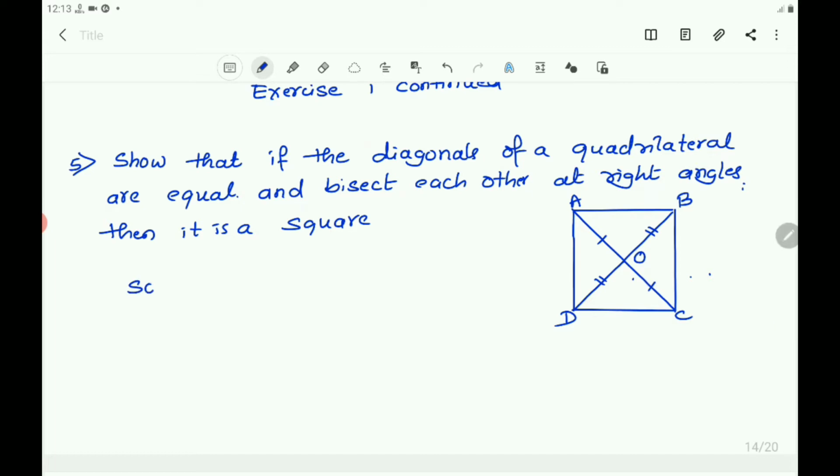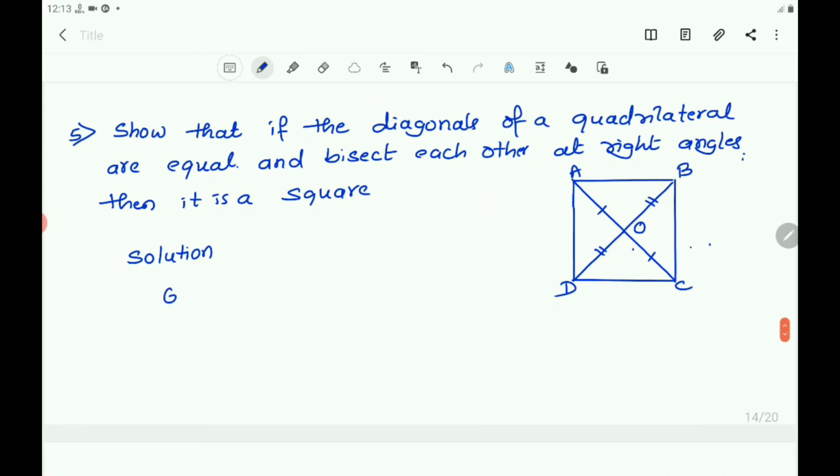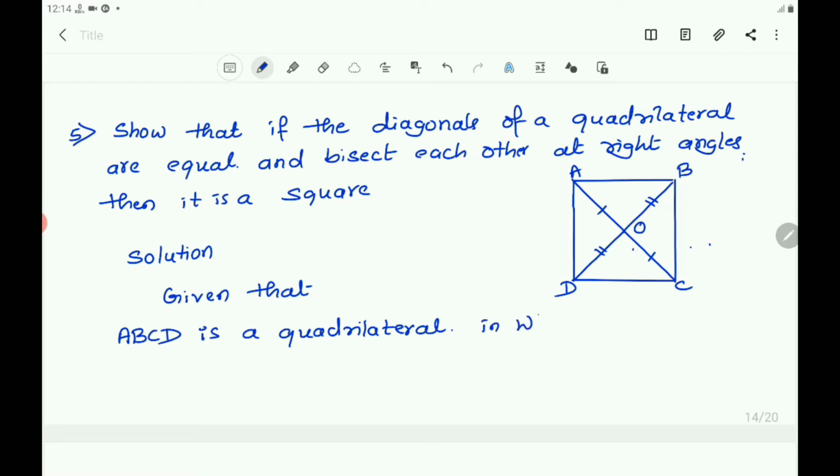You take the solution. Given that ABCD is a quadrilateral in which diagonals are equal, that is, the diagonals here, AC and BD.